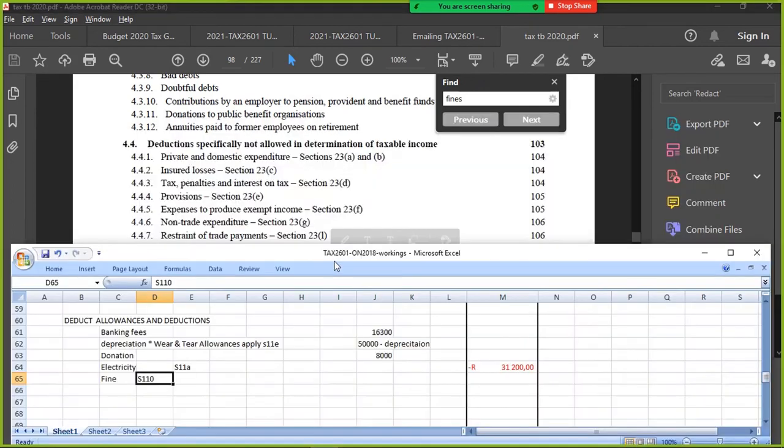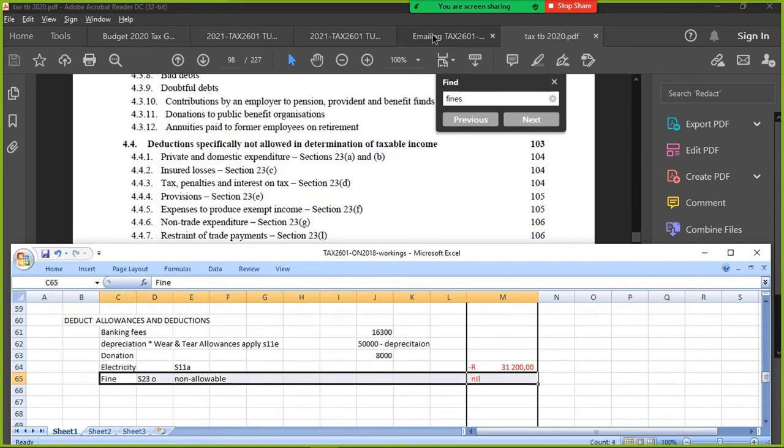Okay. Not 11, 23. Okay, section 23O. O, not 0. Okay, not allowable. So you will always show null here. Right, and they should give you a mark for that actually. Does that make sense? Yes.